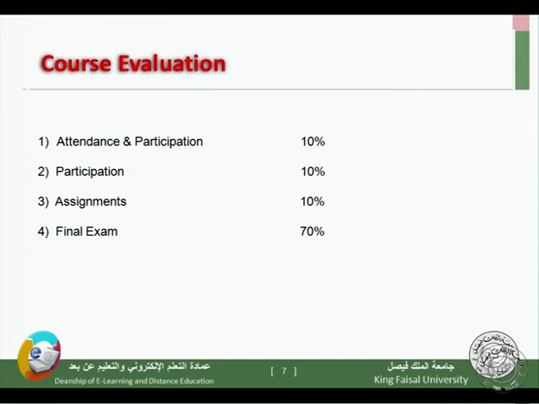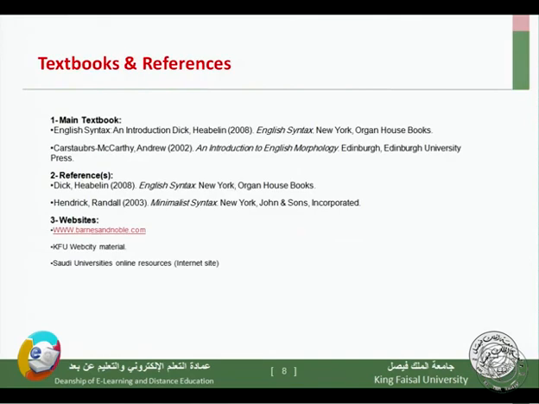So we have 10, 10, and 10. That's 30, and 70 for the final exam. That's 100. So make sure that you understand this in particular, so you can plan your studying in a very good manner.